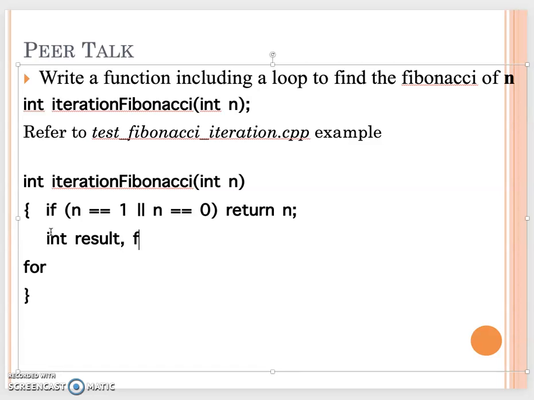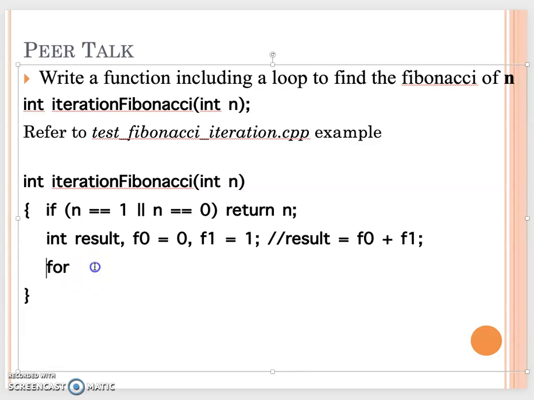Then I have F0, meaning Fibonacci 0 is 0, and F1, Fibonacci 1 is 1. I define these before I start my for loop, because the result will equal the first two values added together. That's the result for my Fibonacci number. But I need to continue to do that in my for loop.